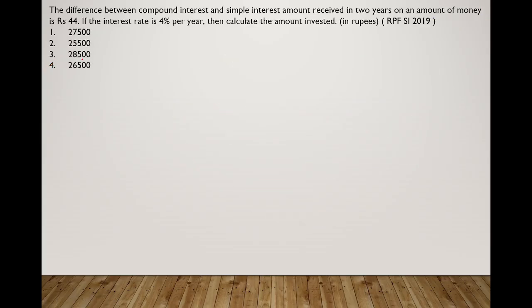The difference between compound interest and simple interest amount received in 2 years. Similar question. We are practicing this question so that we are able to remember the formula, so we can easily solve the problems. That's why we are doing similar questions to remind the formula.